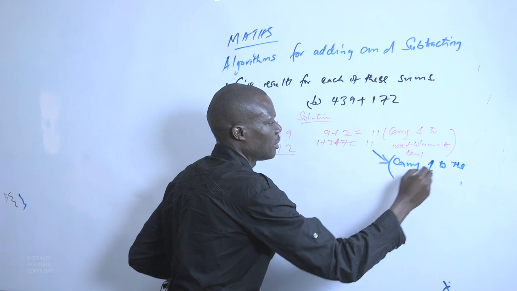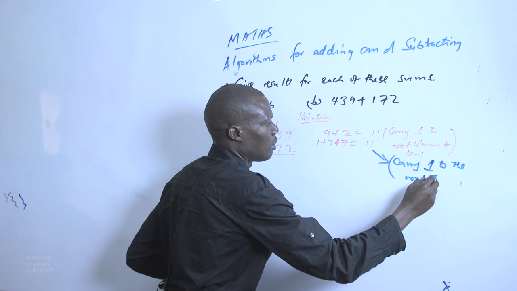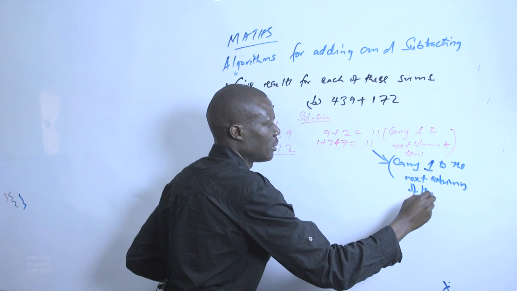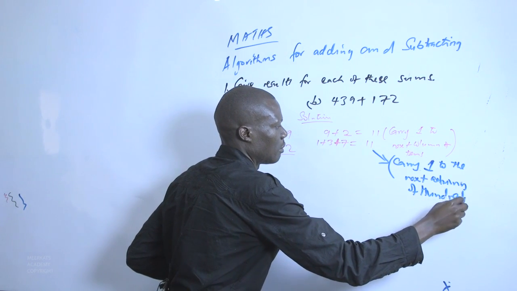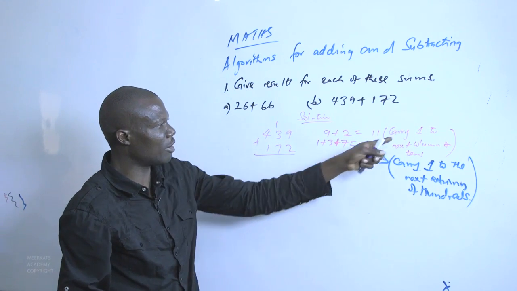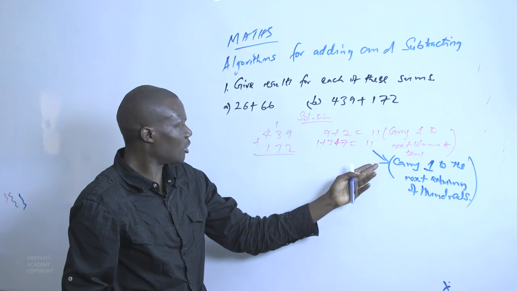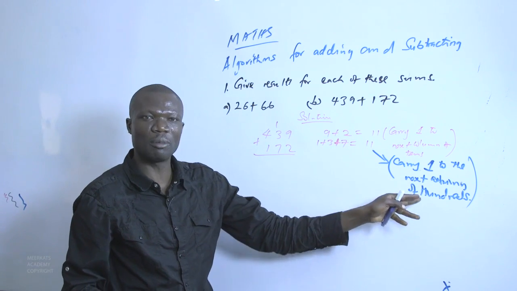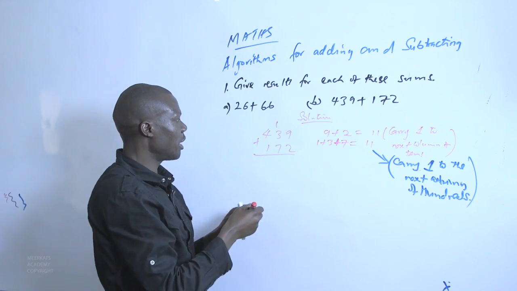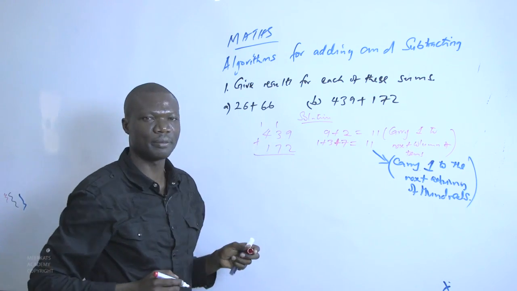to the next column of hundreds. So the first time, we carried 1 to the next column of tens. Second, we are carrying 1 to the next column of hundreds. So when we carry that again, we have a 1 here.